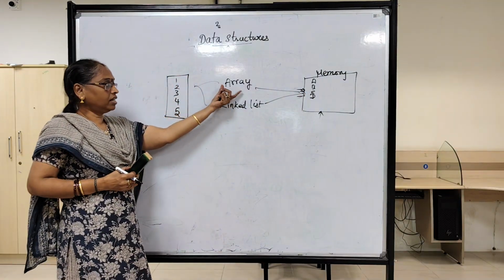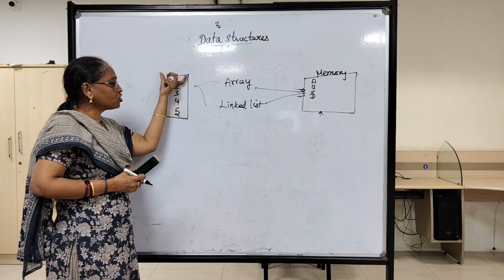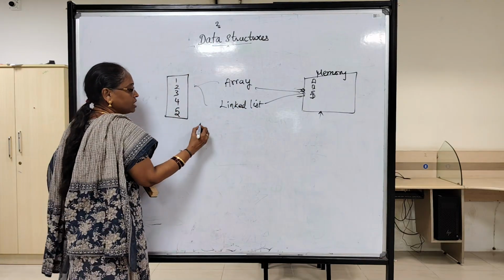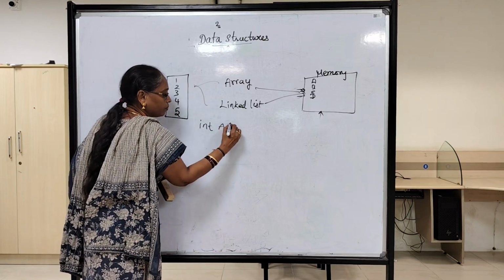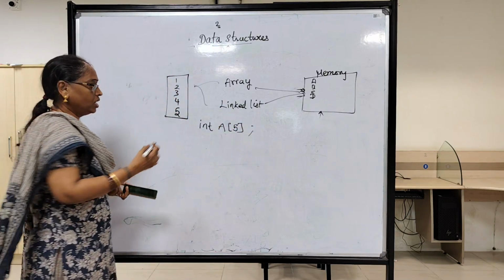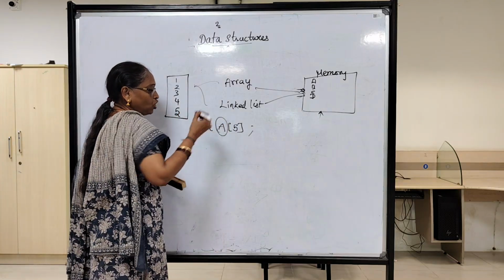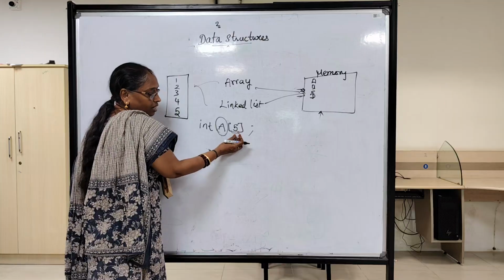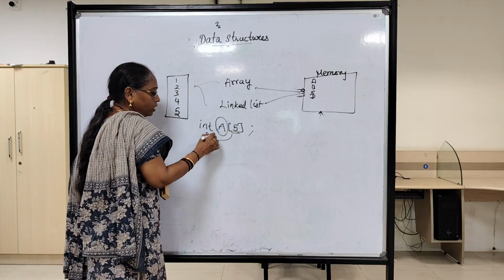So you know what is array? Array is nothing but a collection of continuous memory locations. So if I declare, for example, integer a of size 5, what is the meaning of this? I am going to create a collection of memory whose size is 5 and each memory location, right, can hold an integer.